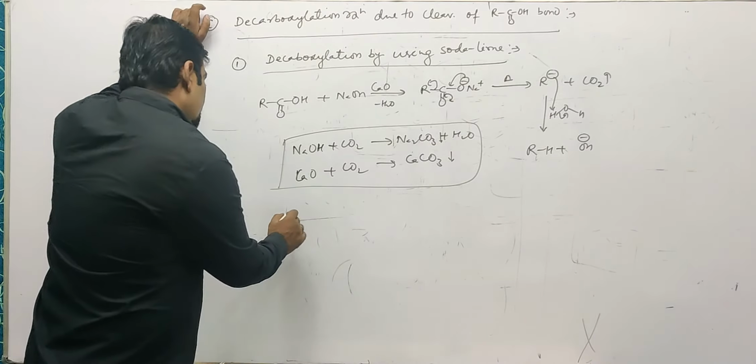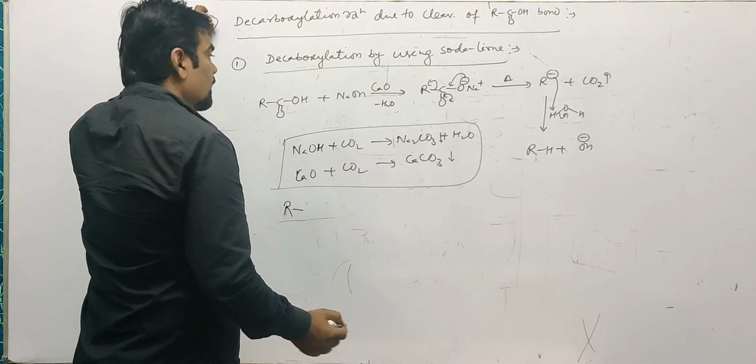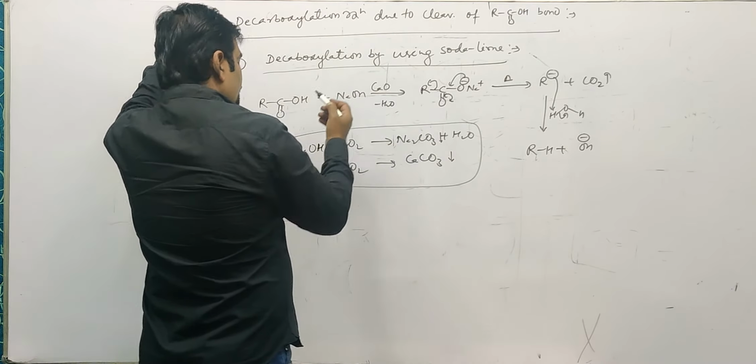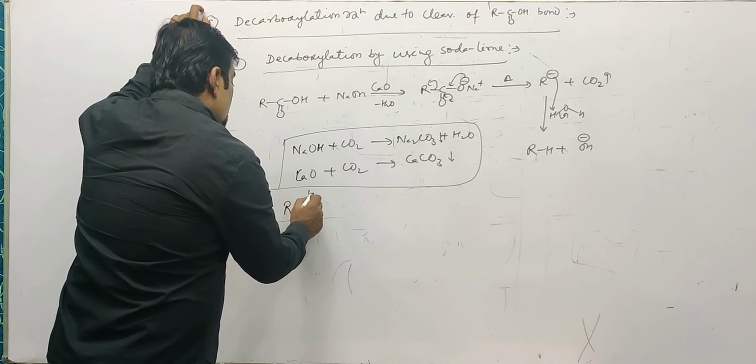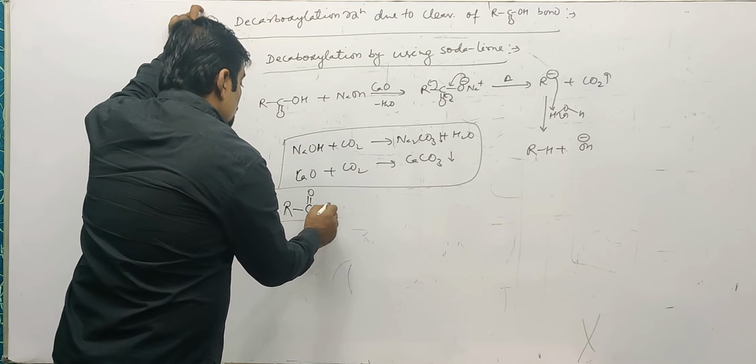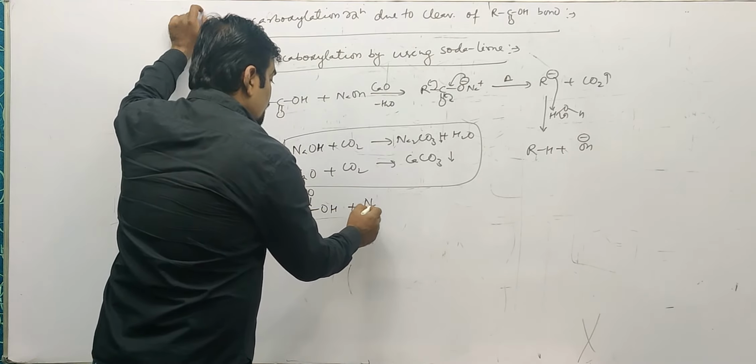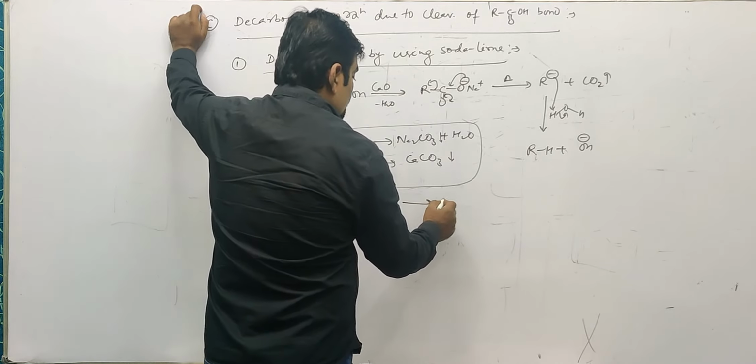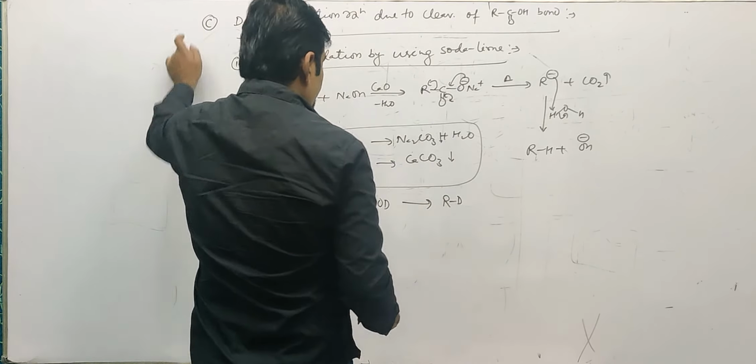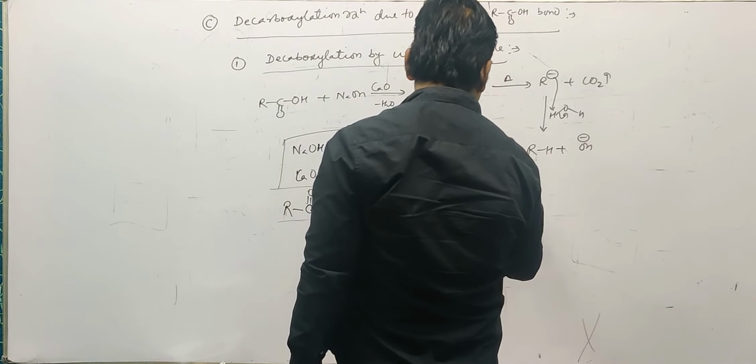Over here in this reaction, this H+ is coming out not from water, it is from this. So if we use RCOOH with NaOD, the product is RD plus CO2.